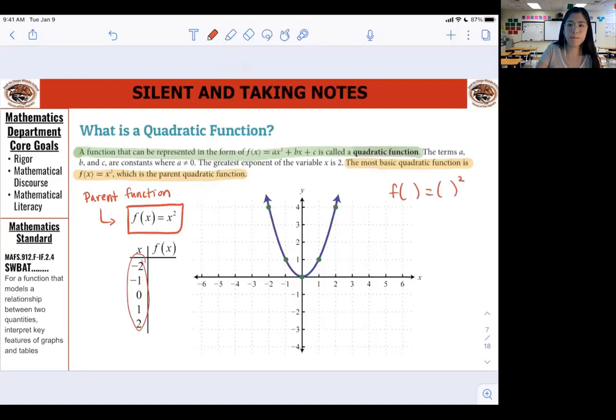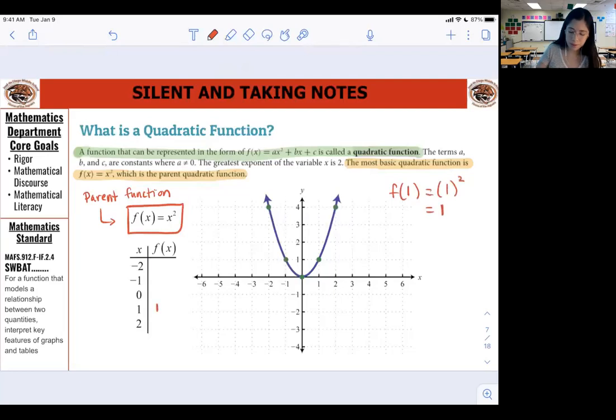Oh, 1. 1 is pretty easy, I agree. So I would either start with the 1 or start with the 0. Either one of those is going to be easy to do. But you said 1, so let's do 1. So I'm plugging in 1. And I'm squaring it. That's what my function is telling me to do. I'm doing 1 to the power of 2. What does that give me? 1. Yeah, we got 1. So 1 comma 1.